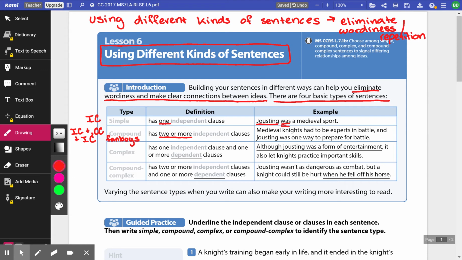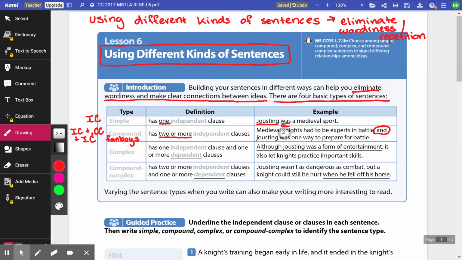So the example that it gives us would be medieval knights had to be experts in battle, and jousting was one way to prepare for battle. So the first thing I want to notice is I have this coordinating conjunction and right before it I have a comma. So I know I have my fanboy and then I have my comma, and I have two independent clauses. So I have medieval knights had to be experts in battle.